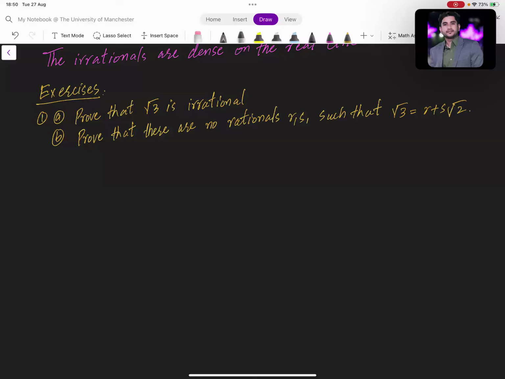Now, to prove this, A we can do by contradiction. By contradiction, suppose under root 3 is rational.